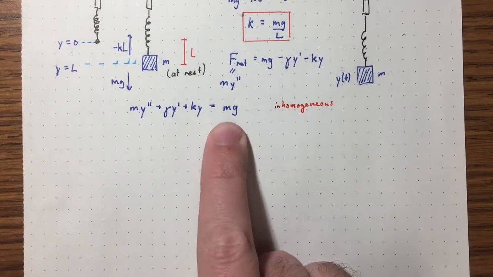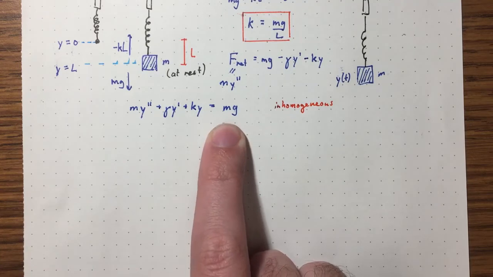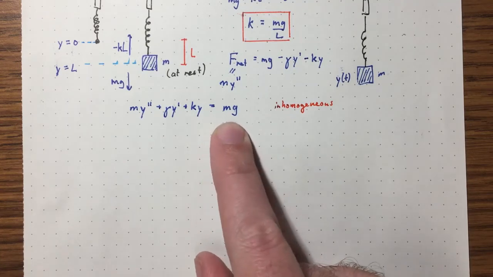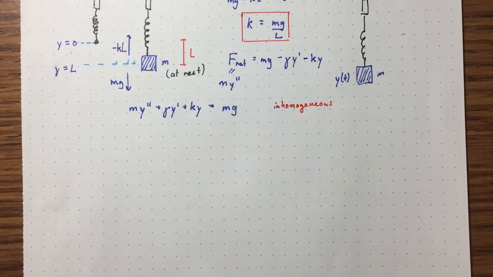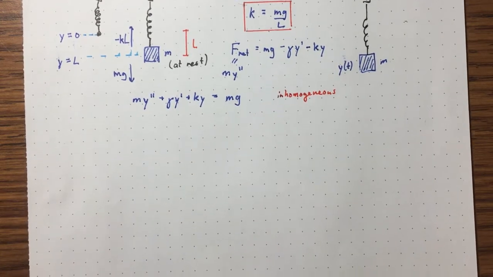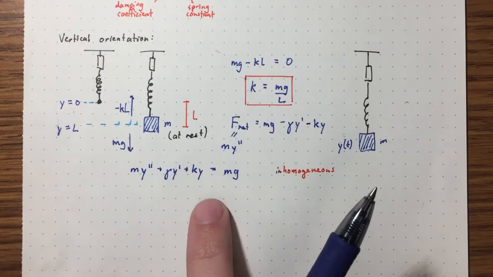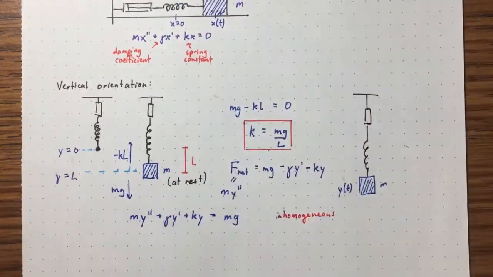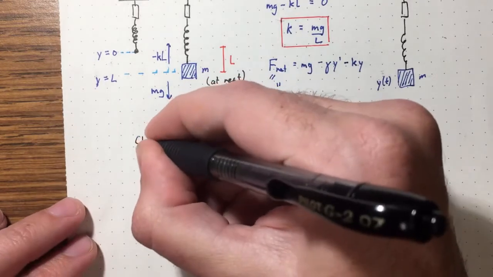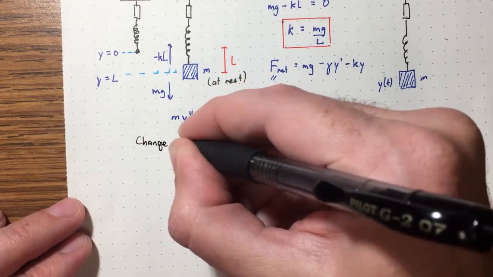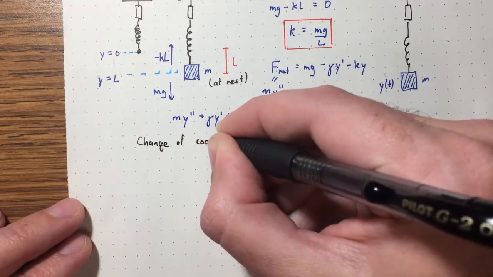Because we have something on this side that's not just 0. I mean, it is a constant, right, which is pretty close to 0, but it's still not 0, so we call it inhomogeneous. But I want to point out a standard way that we can actually change this equation into this equation, and that's by doing a change of coordinates.